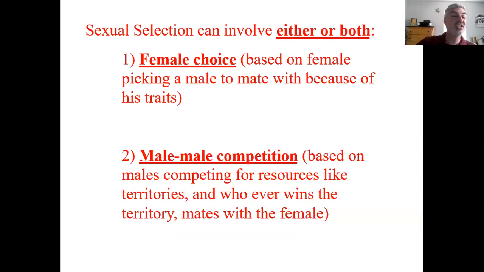Females are making decisions here. Now, in male to male competitive environments, it's very different. Males will hold territories, and whoever wins that territory mates with the females within that territory. That's how these situations work out. Sometimes there's a blending of the two, but usually it's going to be slanted pretty heavily in favor of one or the other.